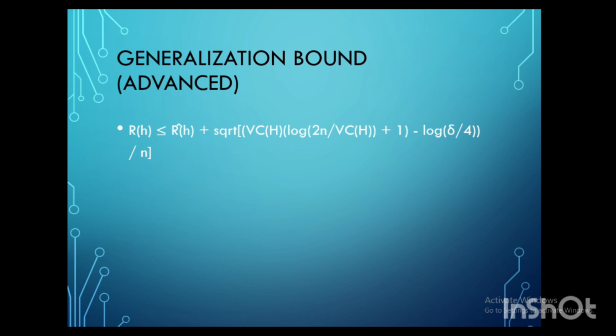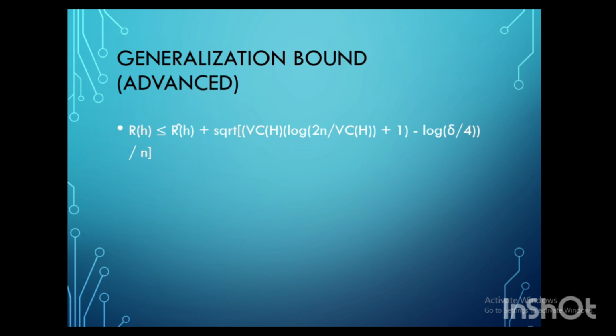Generalization bound. Here, the advantages of VC dimension. This inequality provides a theoretical bound on the true error R of a hypothesis.